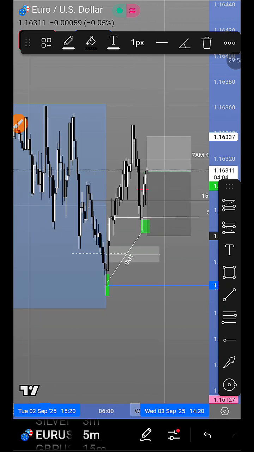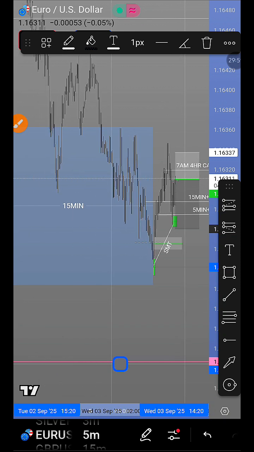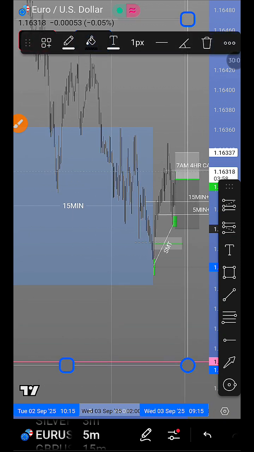Right, targets. What do I do for targets? I can take that, reason being that I can make this my first target. There's a 15-minute bearish FEG there, right?